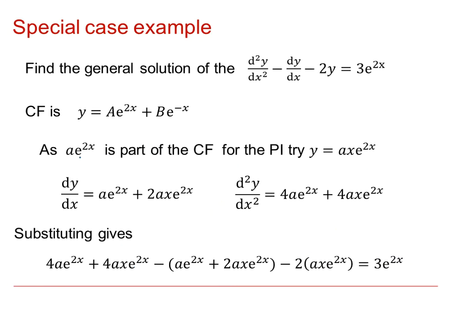The thing to note here is that normally for the non-homogeneous case we would try e to the 2x, but because it's already part of the complementary function, it will only solve the homogeneous case, and therefore we have to times by another x in order to get it to work. Finding the derivatives of y and equating it to the non-homogeneous right hand side will allow us now to find the value of little a.